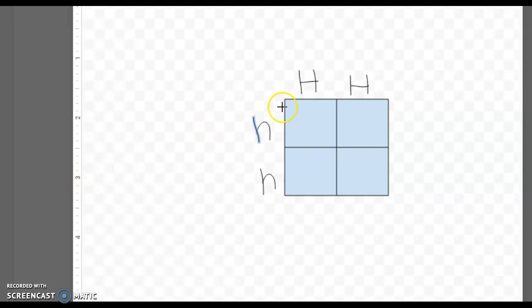Okay, then we just fill those in. To make it look consistent, if there's a big letter and a little letter, you're usually going to write the big letter first. So we have big H, and then bring our little h across.